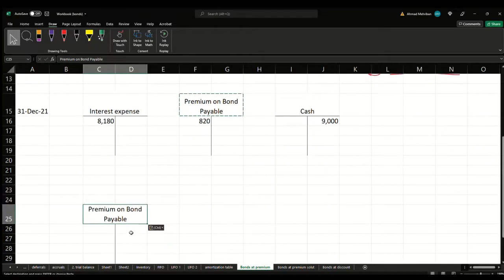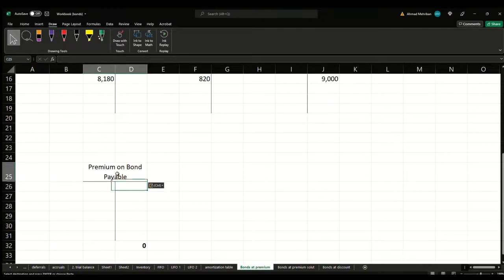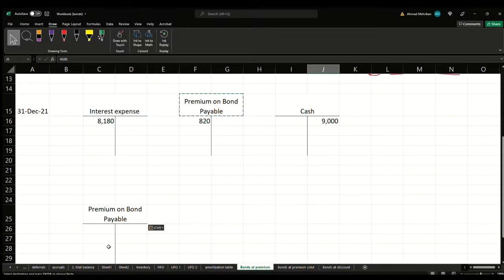And this is basically the snippet of what it's going to look like for our premium on bond payable. This is not the journal but the ledger for premium on bond payable, and the very first entry we made was 4,100 when we issued the bond. At issuance we recorded this.